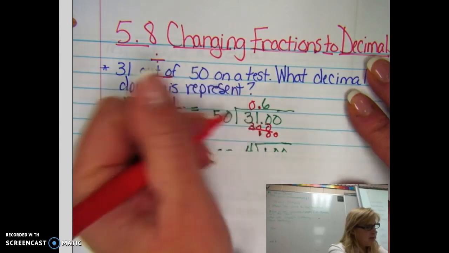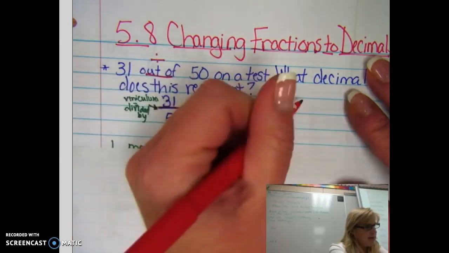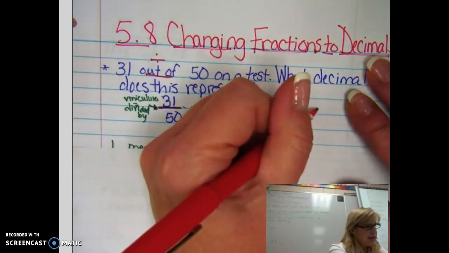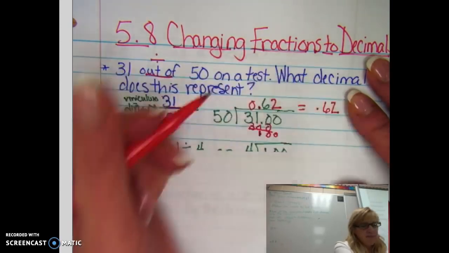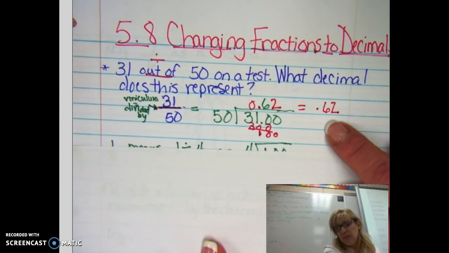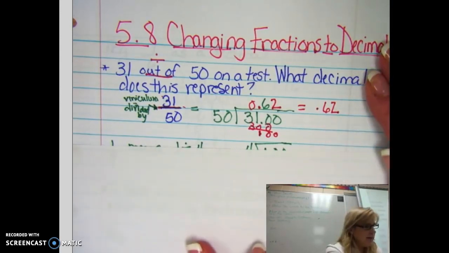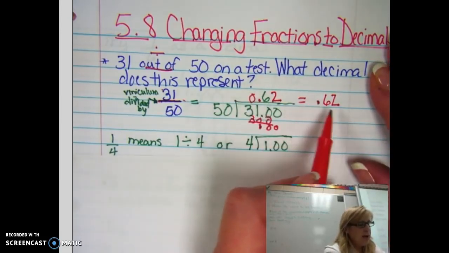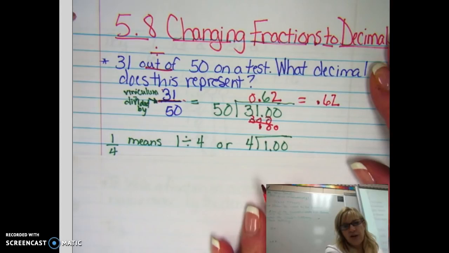So 50 goes into 100 2 times. So the answer to 31 divided by 50 is 0.62. Later we'll figure out that this actually means you got a 62%, which is not all that great on that test, but that's what it is. So you got 0.62 of the questions right.